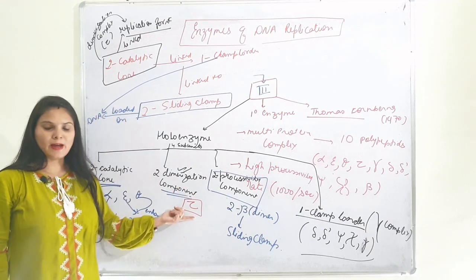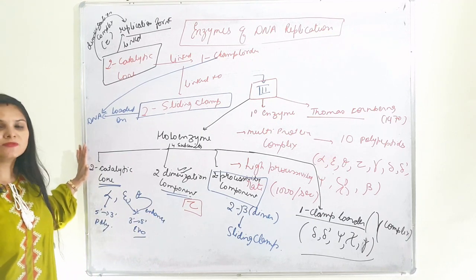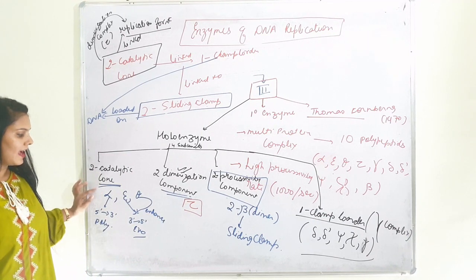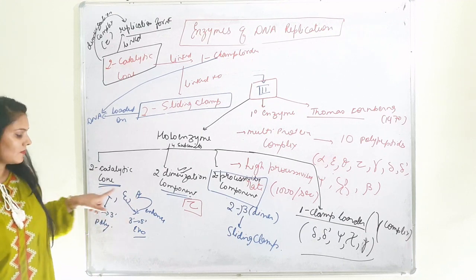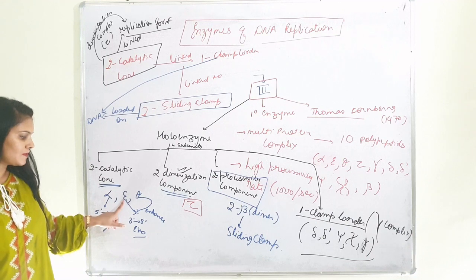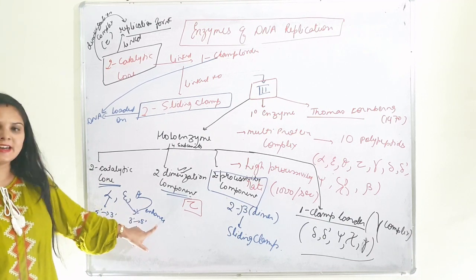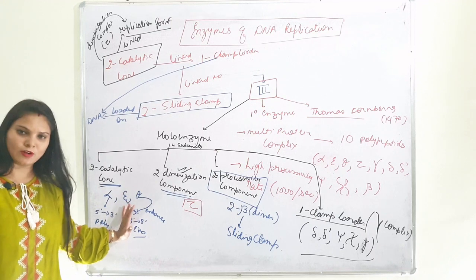Dimerization is formed by Tau, a single polypeptide, and catalytic core is formed by 3 polypeptides, alpha, epsilon and theta, where alpha has 5'-3' polymerase activity, epsilon has 3'-5' exonuclease activity, and theta enhances the activity of epsilon.